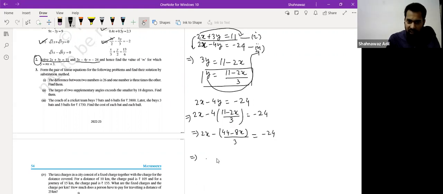Now we will take the LCM. So this is 3, and this is 1, so this is 6x. Now we will break the bracket. So here, what will be here? Adil, when you break this bracket, what will come first?